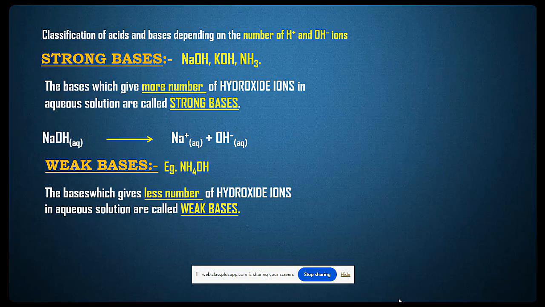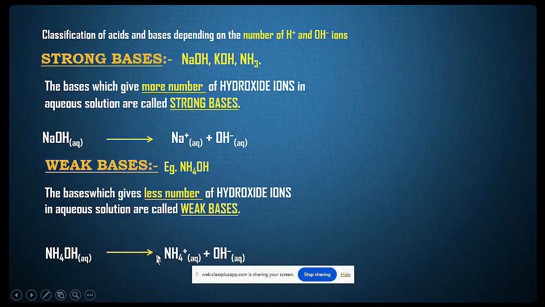If you dissolve this in water, NH4OH gets soluble and gives NH4 plus and OH minus in aqueous solution. So here you can see that OH minus is there. The solution which gives OH minus ions is known as a base. NH4 plus and OH minus, this is a weak base, and these are the strong bases.